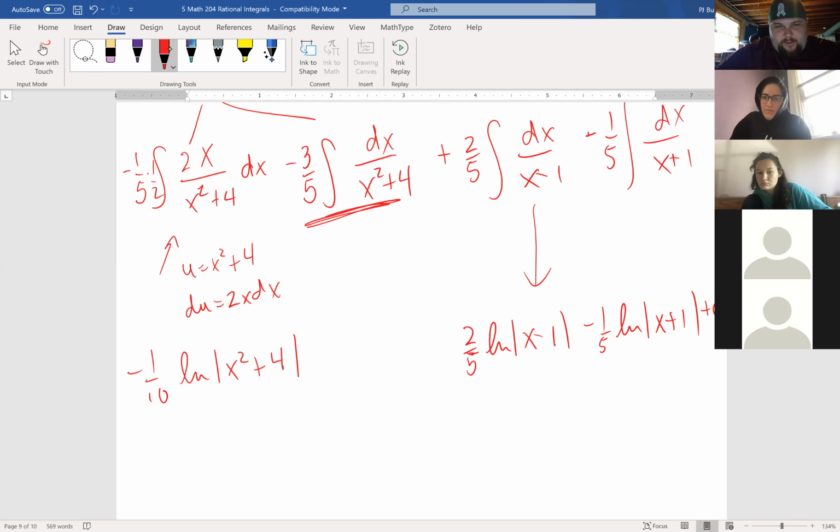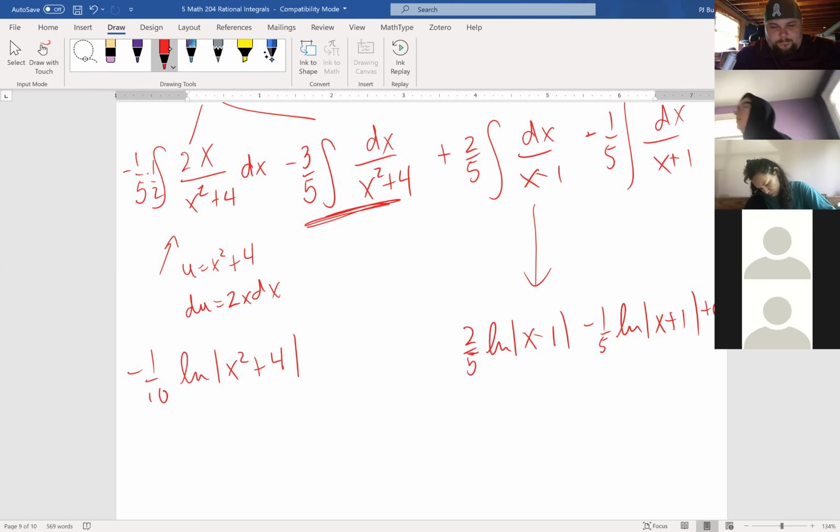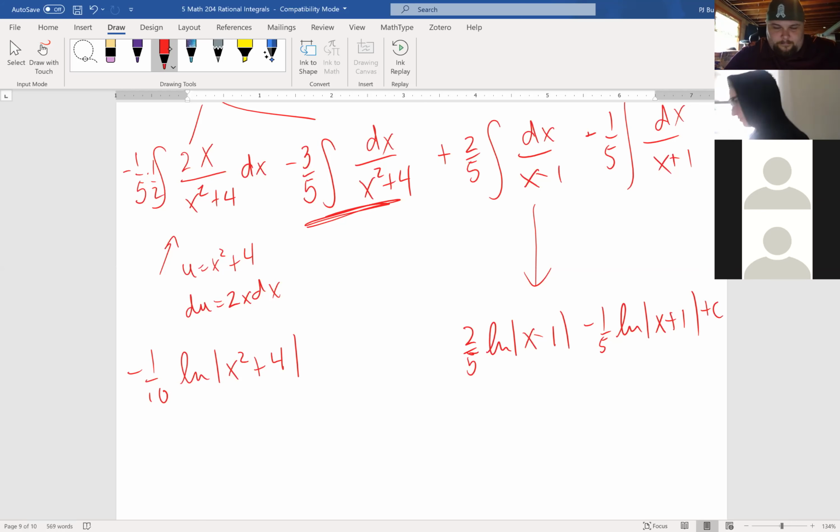So can someone go back to their notes for me? The very first packet of notes that I gave you that had the basic integrals in it, and tell me if you see one that has 1 over x squared plus 4 in it. There's only one that has 1 over x squared plus 1.